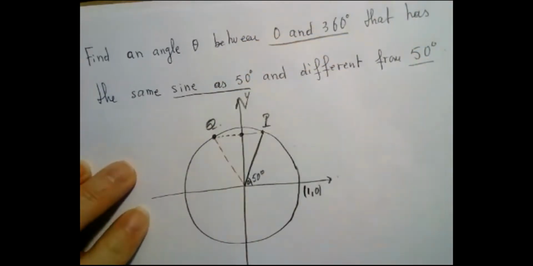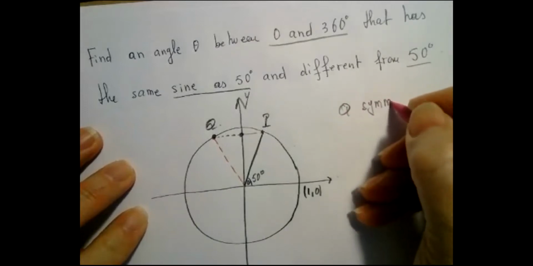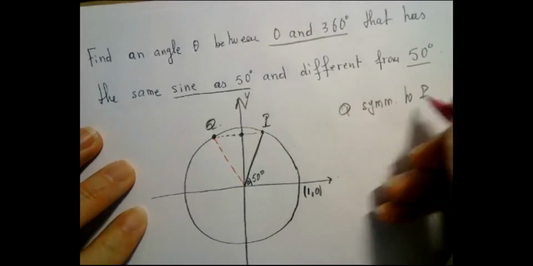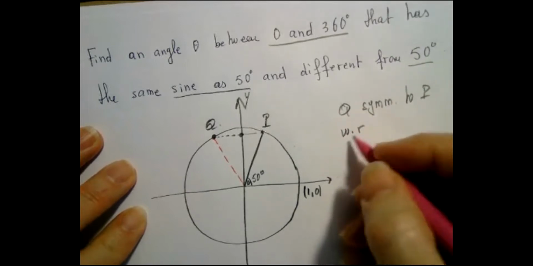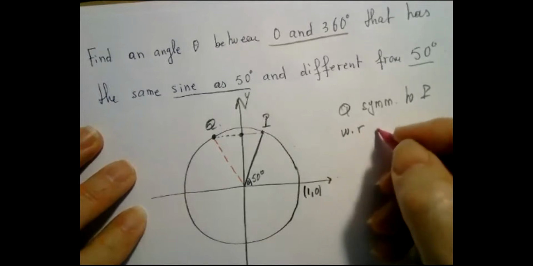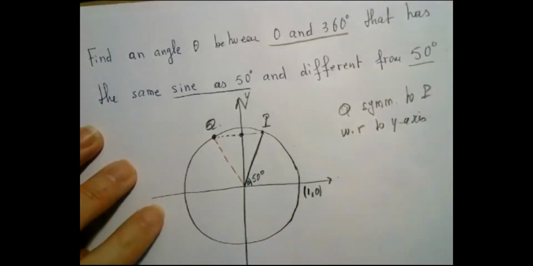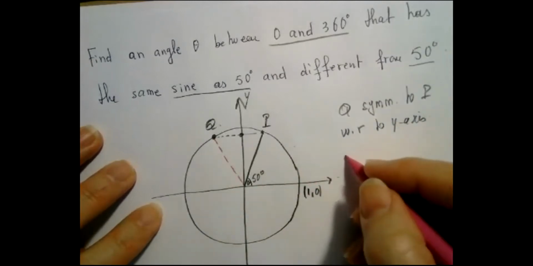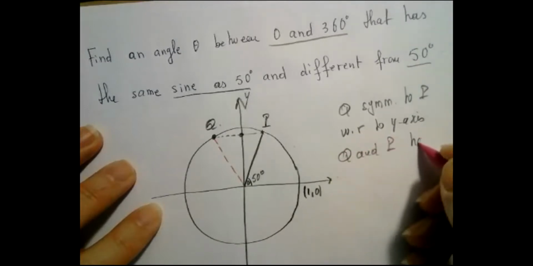So I'm going to take Q, the point which is symmetric to P with respect to the y-axis. Q and P have the same y-coordinate.